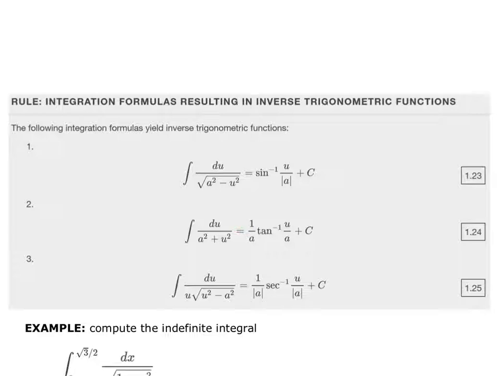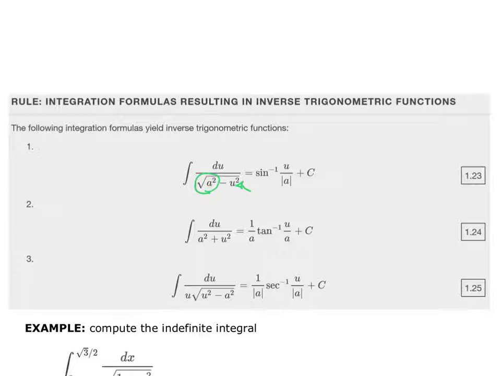So we only really have to look for these three type forms in which I have a constant squared. This is a constant squared. And then I have my argument or my variable squared. So I'm going to be looking for those patterns.